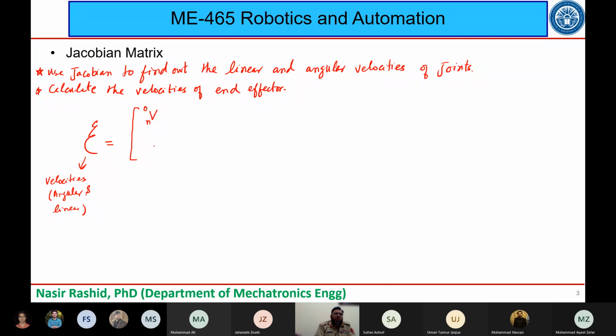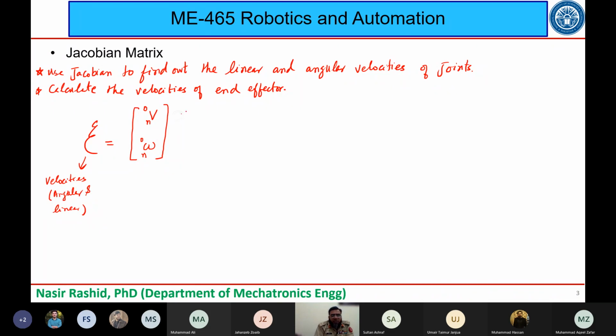The other component is the angular velocity of the nth joint with respect to the base or zero frame. So this vector chi is going to give us the velocities.